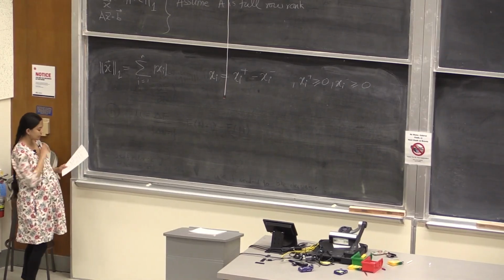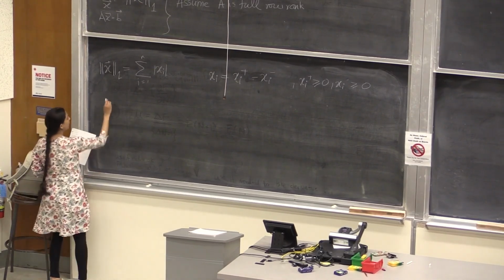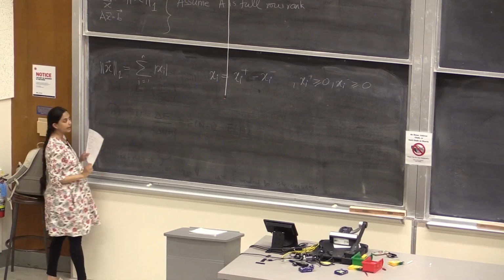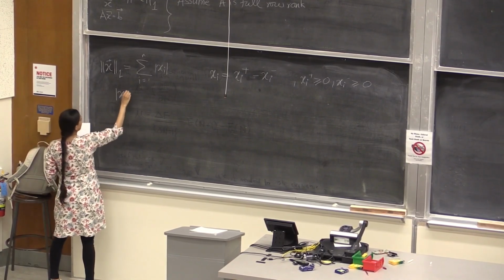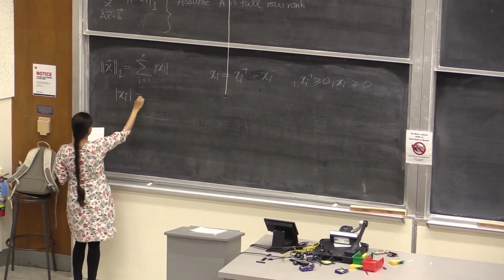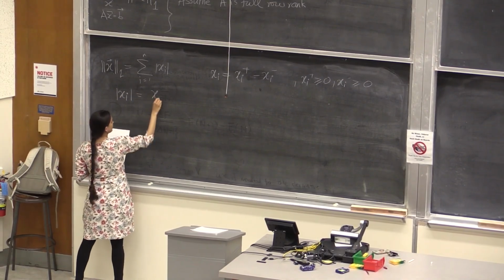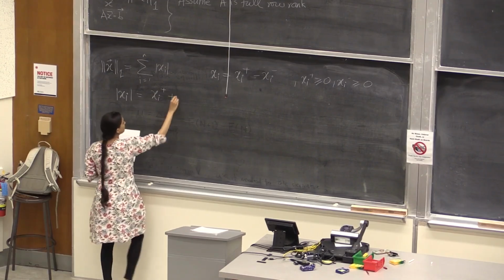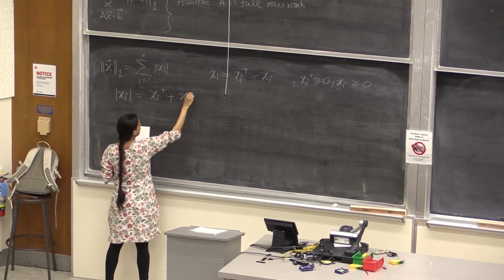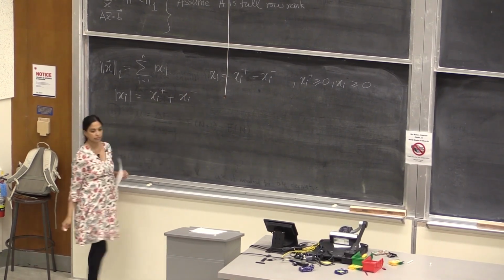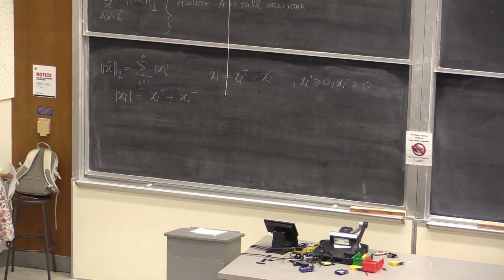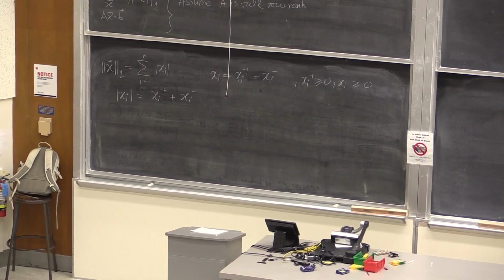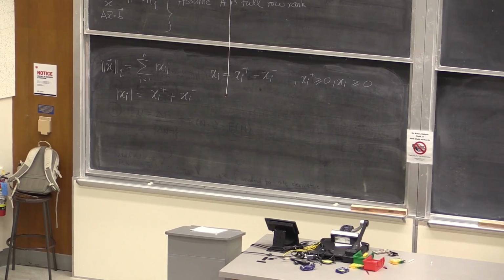And now I want to say something further. I want to find xi plus and xi minus such that the absolute value of xi is equal to xi plus plus xi minus. I want to claim that I can find such xi plus and xi minus.